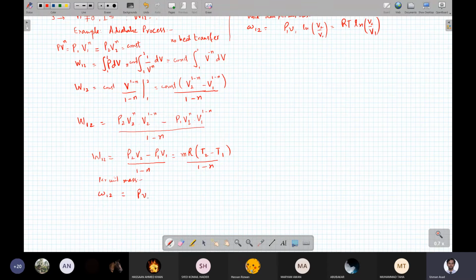Then you would just replace capital V by small v, or in this case, the mass gets deleted, right? So R into T2 minus T1 over 1 minus n. Okay?